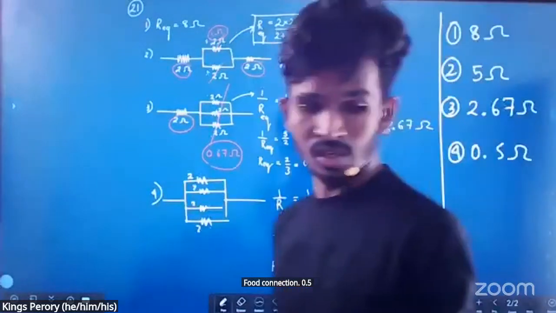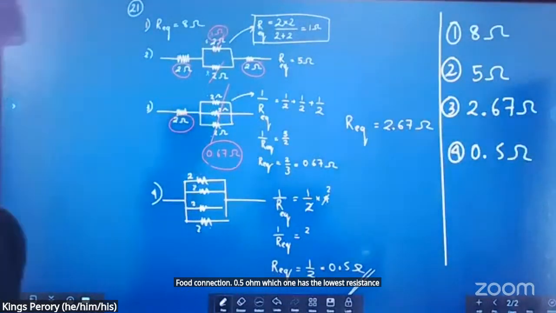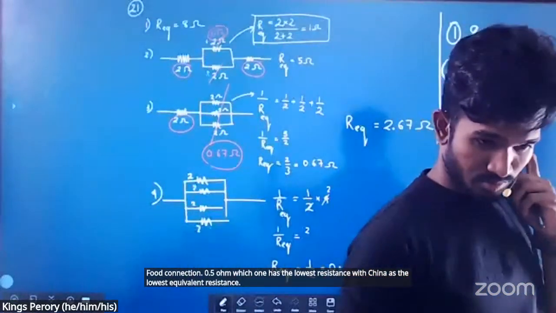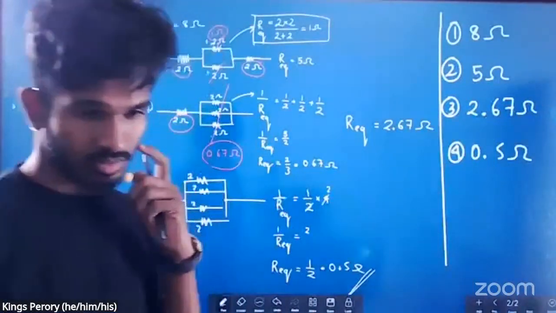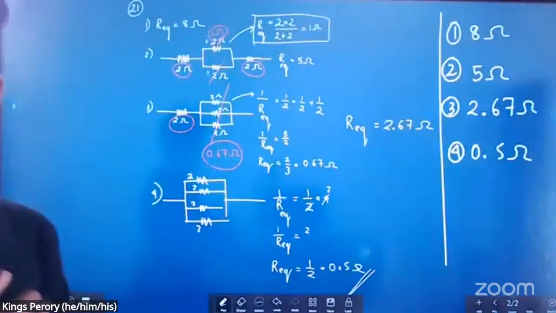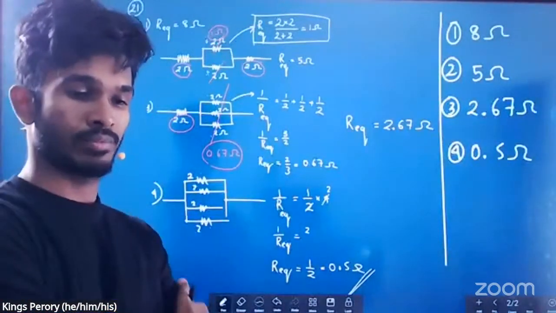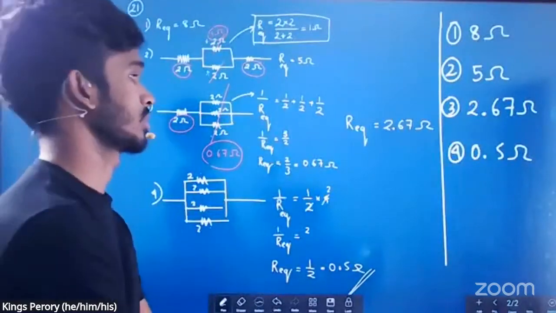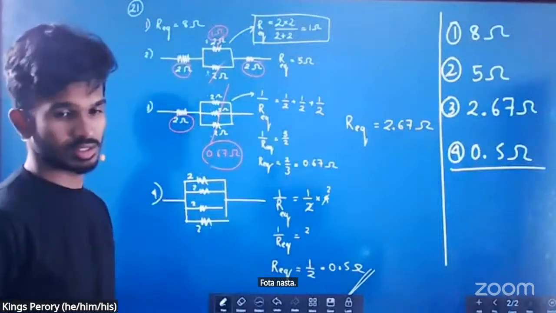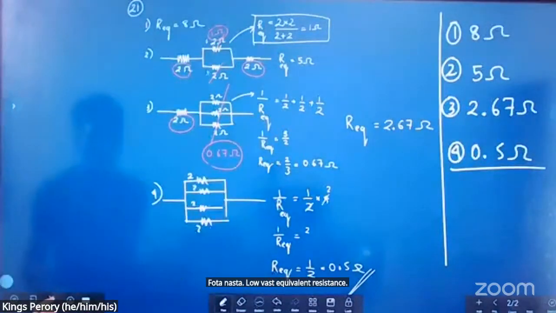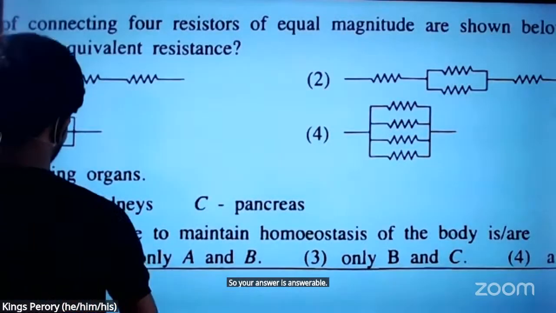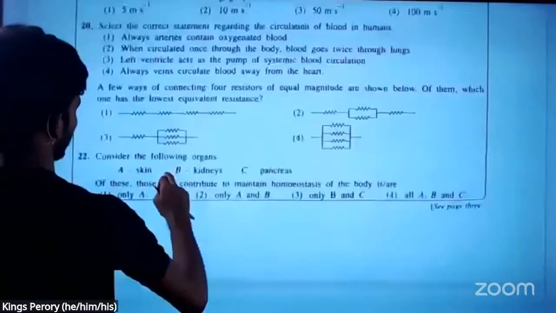Which one has the lowest equivalent resistance? Fourth one. Fourth one has the lowest equivalent resistance. So your answer is answer 4.